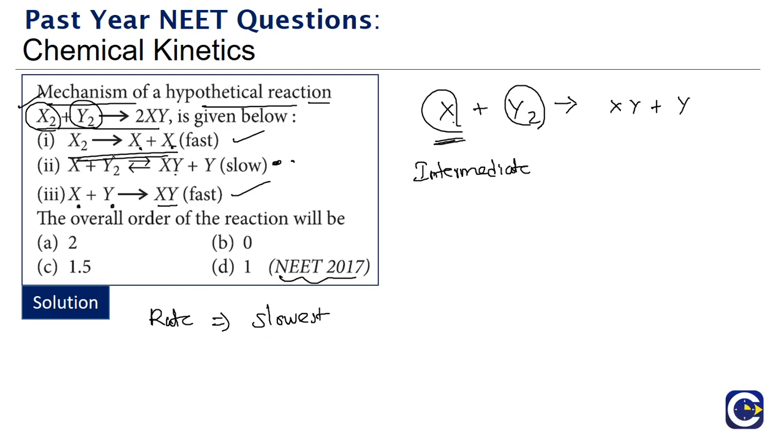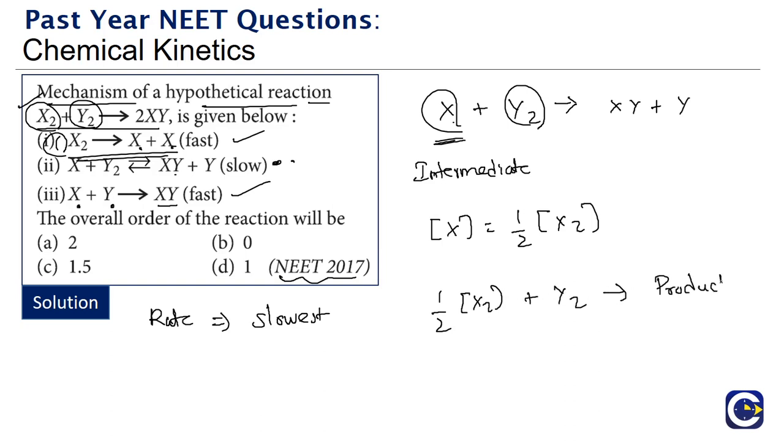If you look at the first reaction, which is of course a fast one, 1 mole or 1 molecule of X2 is giving 2 units of X. Which means the concentration of X will be equal to half of the concentration of X2. And when we substitute this in the rate determining step, what we have is half of X2 plus Y2 will give rise to products.